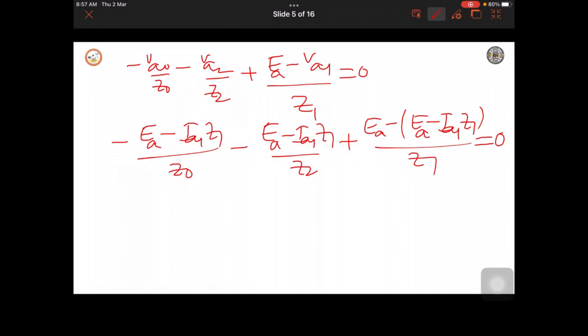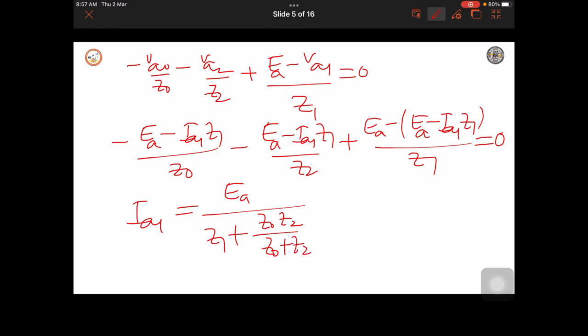So if you simplify the equation for IA1, we will get IA1 is equal to EA upon Z1 plus Z0 Z2 upon Z0 plus Z2.